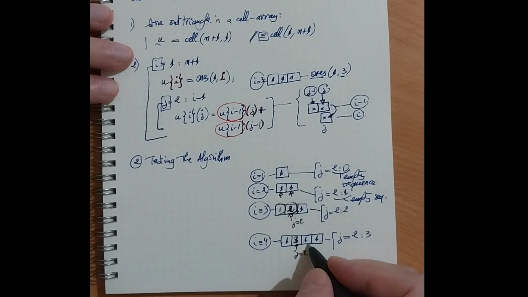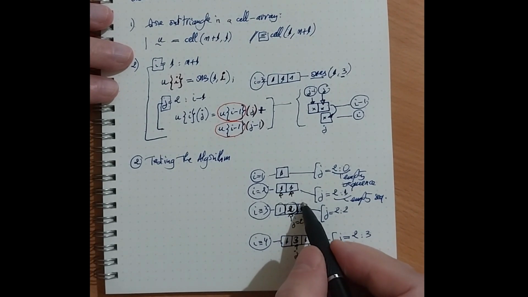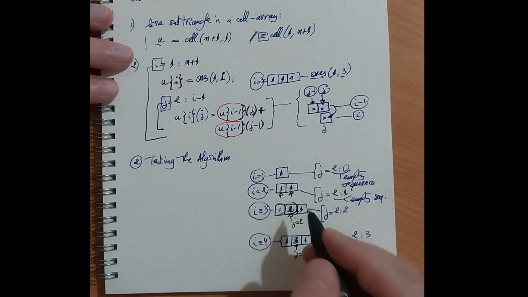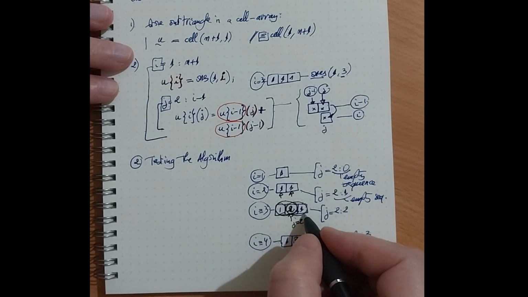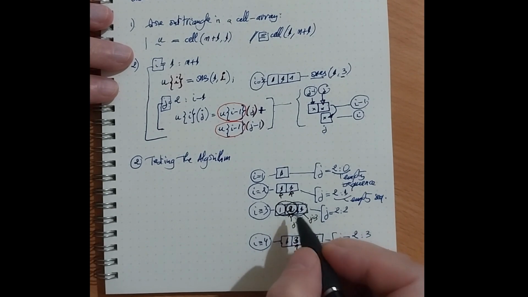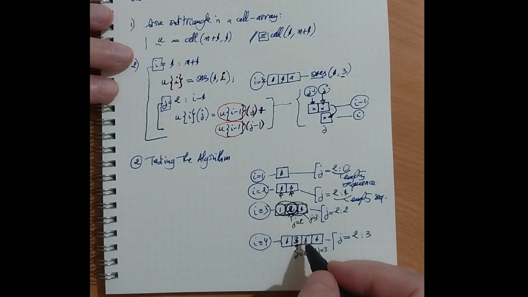For j equals 3, we get the third and the second. So we get these two. For j equals 2, we have that. And for j equals 3, we have that. So we add 2 plus 1, and we put it here. It becomes also 3.